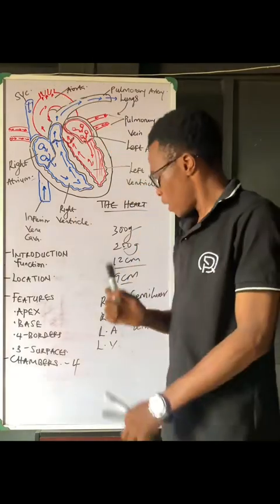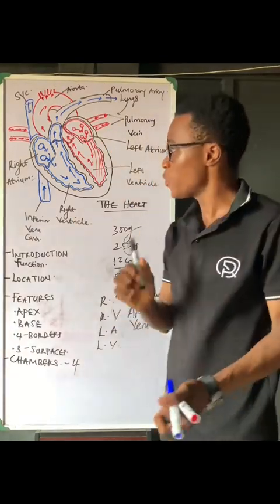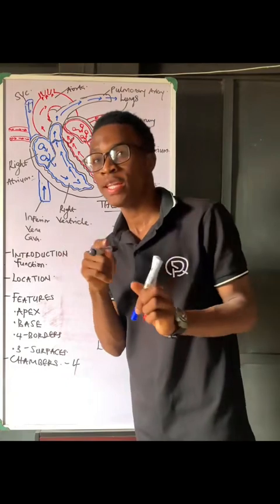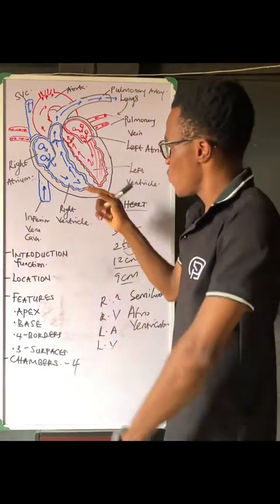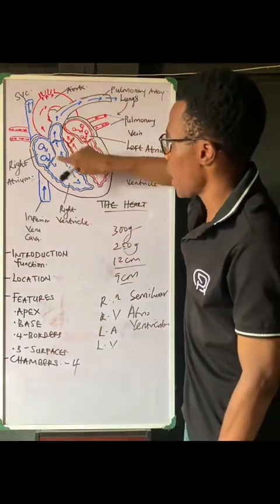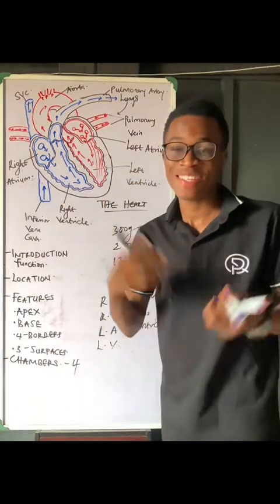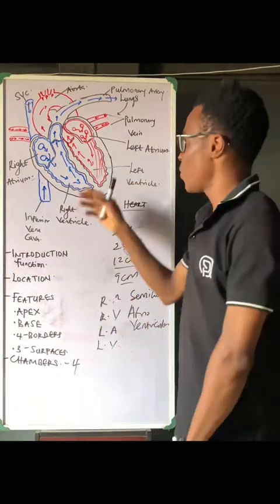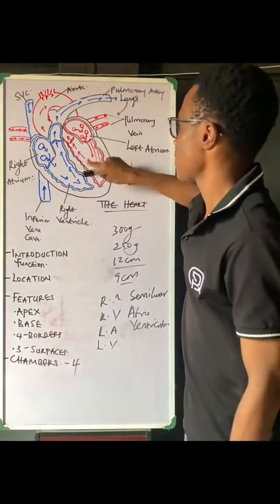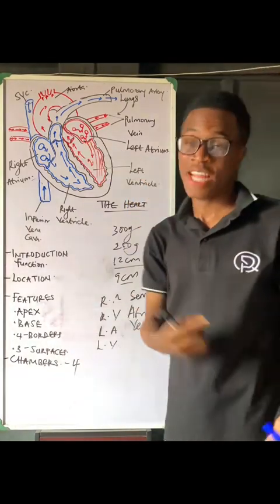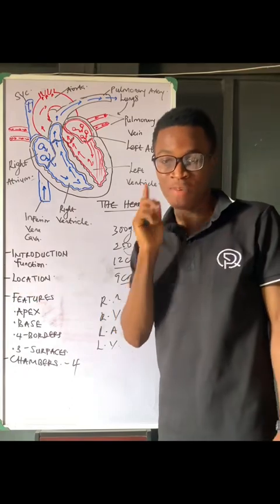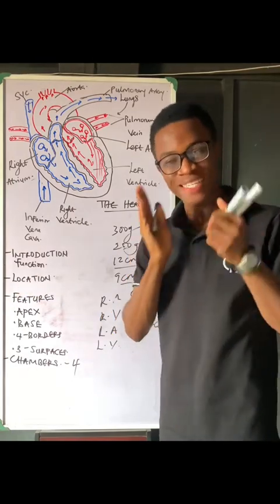Then we talk about the atrioventricular valves, which are located between the atrium and the ventricle. The one at the right side is referred to as the right atrioventricular valve. The one at the left side is referred to as the left atrioventricular valve. They have names. The right atrioventricular valve is the one that we refer to as what?